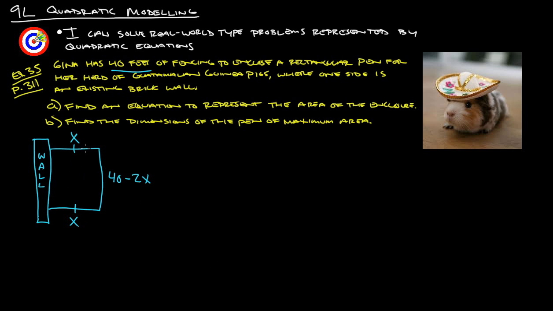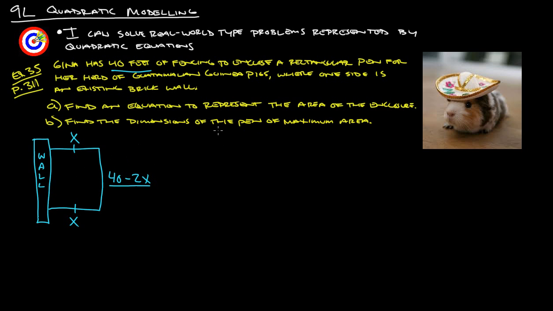For example, let's say each of these sides were 10. To find this side here, I would take 40 minus 10 and 10, which would leave us with 20. If this was 5 and this was 5, you would take 40 minus 5 and 5. So our formula for this side is going to be 40 minus 2x, and these 2 sides are going to be x.